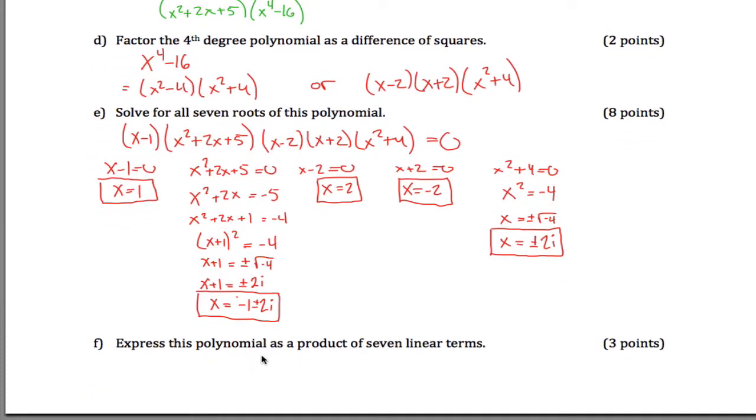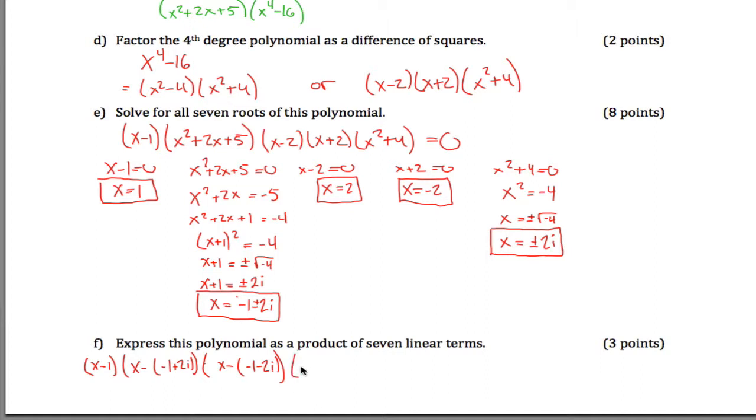Express this polynomial as a product of 7 linear terms. Fine. Once you have the roots, it's easy enough to express it as a product of linear terms. If 1 is a root, x minus 1 is a factor. If this mess is a root, x minus this mess is a factor.